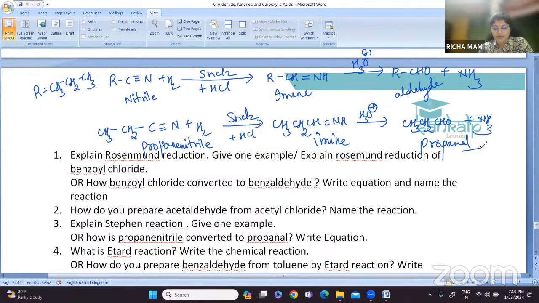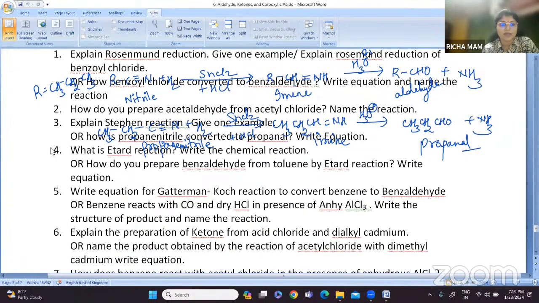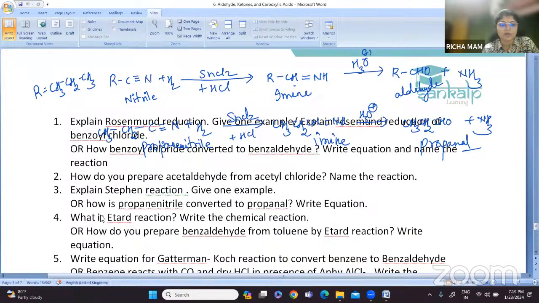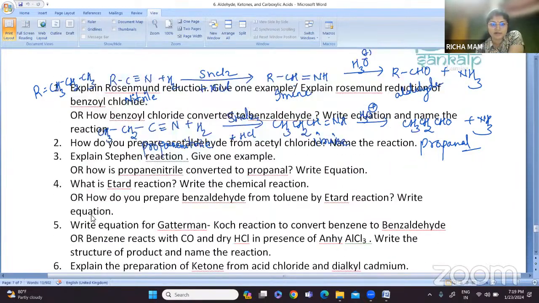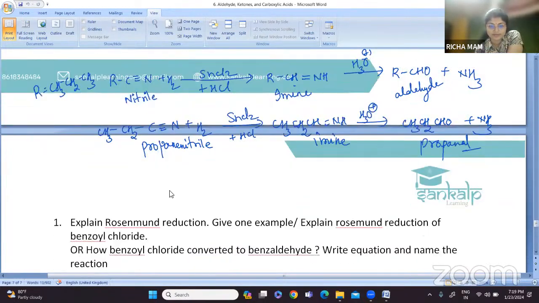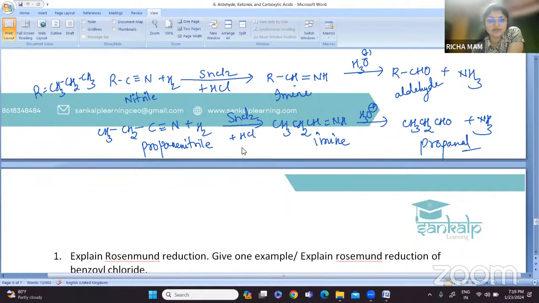We are solving the direct question and the indirect question also, so please remember how it can be asked. Here, how is propane nitrile converted to propanal? Write the equation. Propanenitrile in the presence of tin chloride and hydrochloric acid gives you the imine.